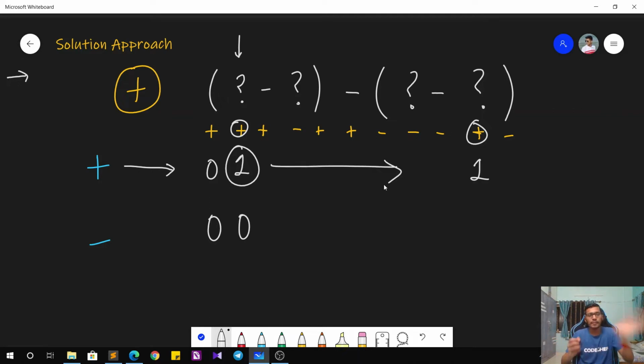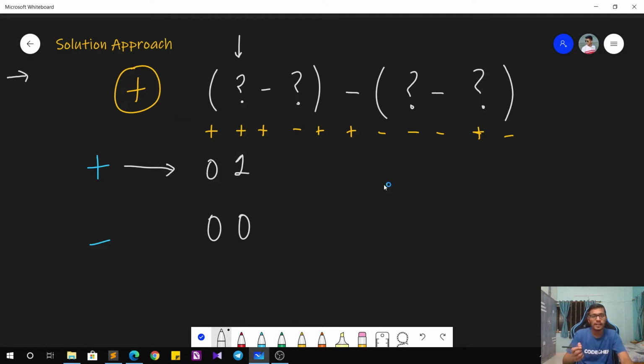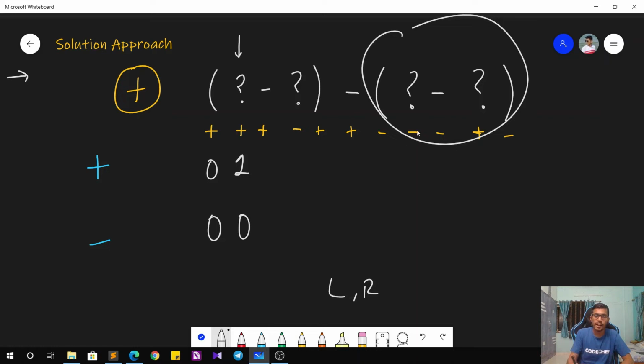I take prefix sums because later I have to answer range queries, that is, queries like L comma R. I can be given any substring and I have to give the answer for that substring. In that case, I take the answer for the ending index and subtract the answer for the L index. So answer of R minus answer of L will give me the final answer.